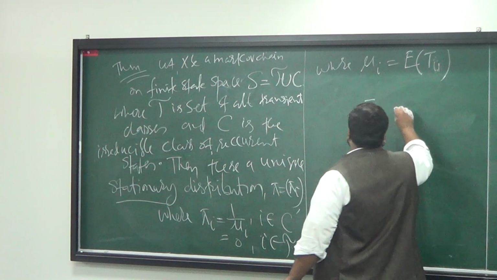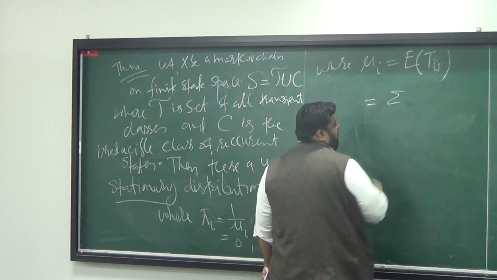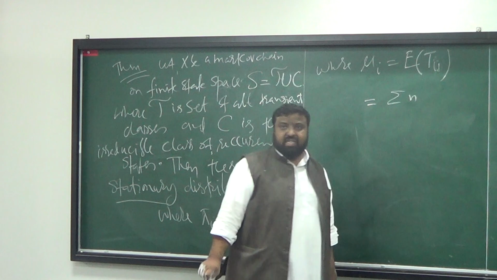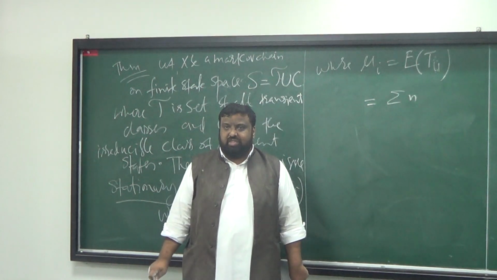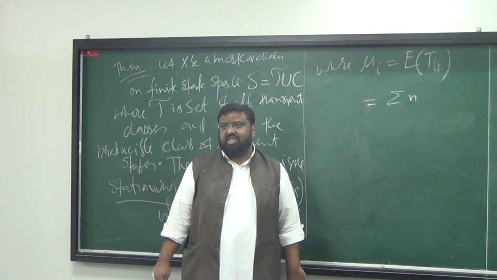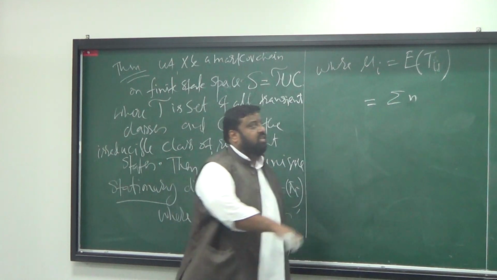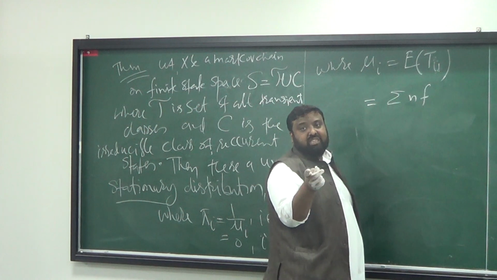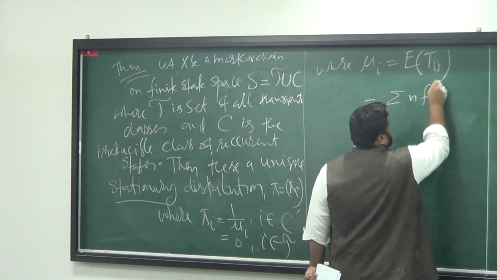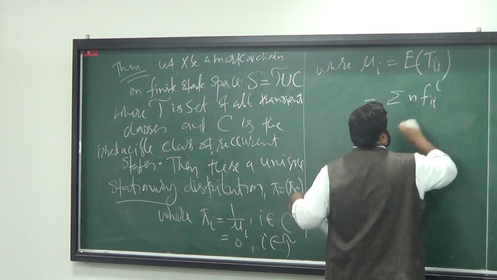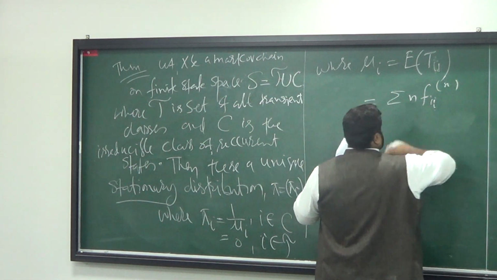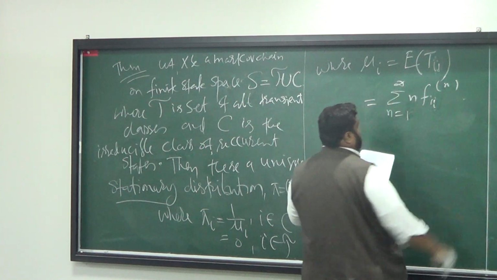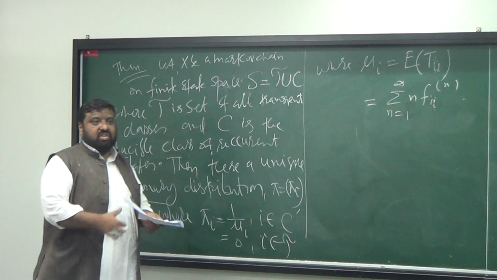So it's going to be a sum of n times the probability that you're going to reach from state I to state j in n steps, like f star, n steps, because f star I j is going to be f I j or f I n n.